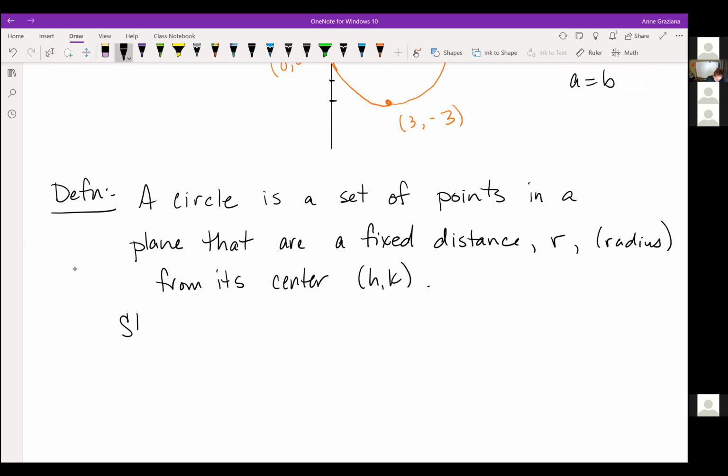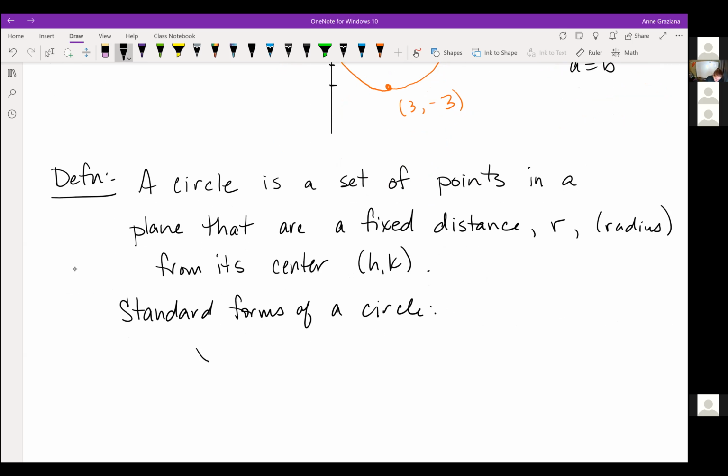So here are some standard forms of a circle. How does this differ a little bit? We still have x minus h squared, but since a and b are the same, we usually just refer to that as the radius. And so this is y minus k squared over your radius squared equal to 1.